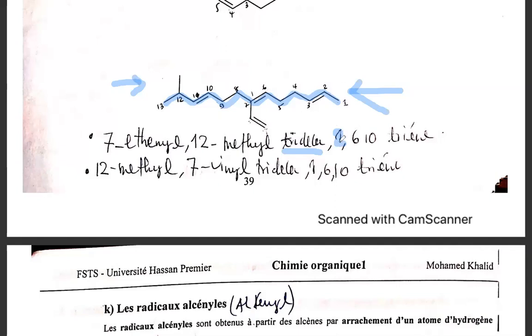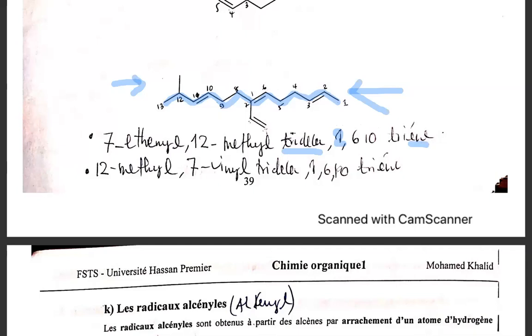Our positions are not 1 but 2, 6, and 10. At positions 2, 6, and 10, we have double bonds. The suffix will be ene to show that this is an alkene.